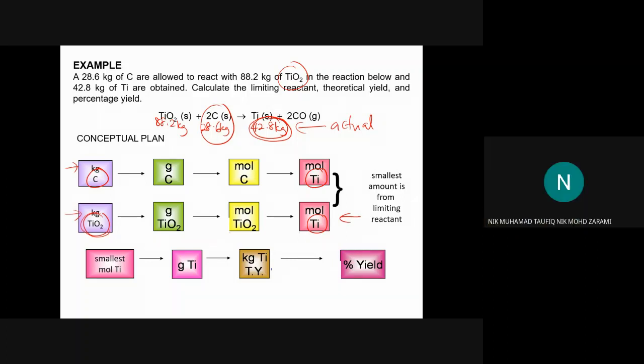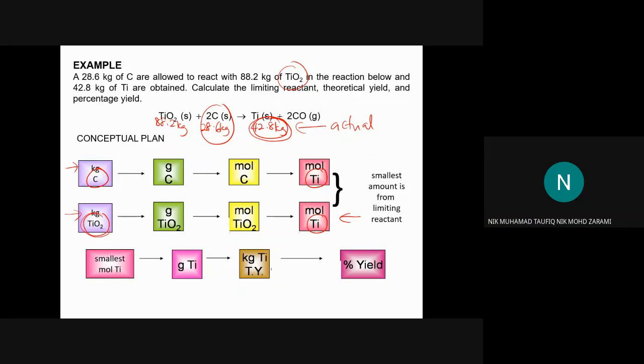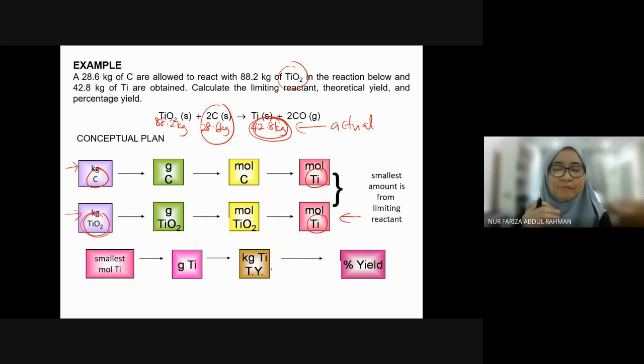Jadi maksudnya kalau titanium dioxide dah habis, carbon ni pun dah tak nak buat apa-apa kan? Tak boleh buat apa, dia lebih pun dah tak ada function lah kat situ. Sebab dah tak ada titanium dioxide ni. Yes. Okay. Sebab we want to produce titanium and carbon monoxide as the byproduct lah.